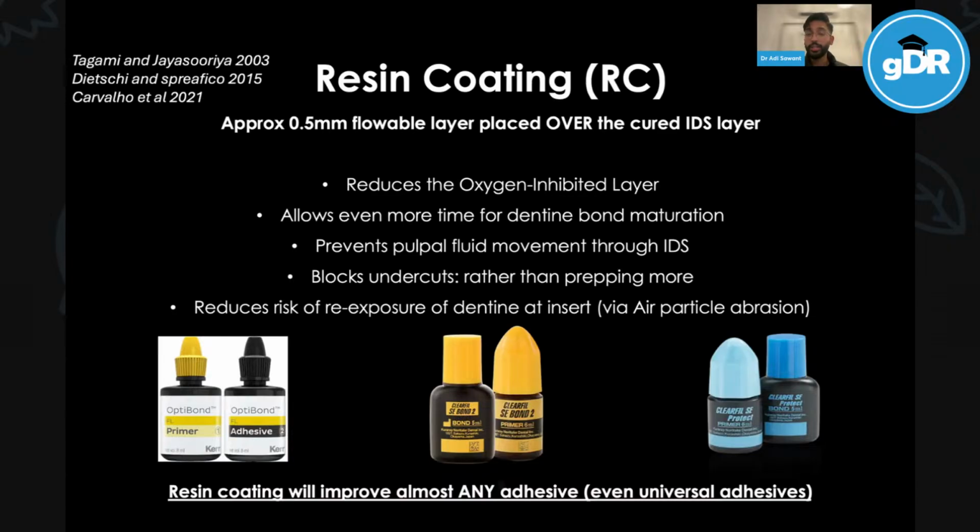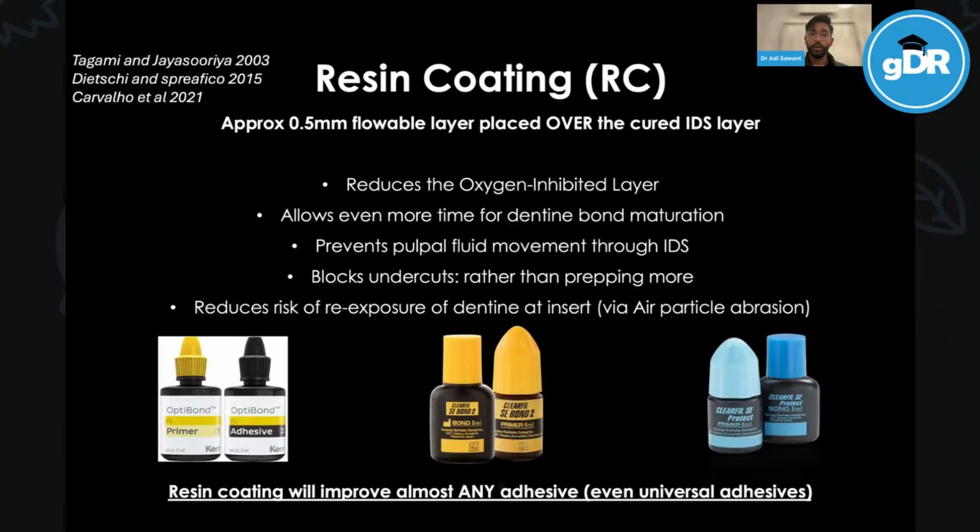These bottles are much better than a universal adhesive, much like normal shampoo is much better than 5-in-1 shampoo, conditioner, and etc. Right? Because universal adhesives just have way too many things in them. But resin coating will still improve and reinforce a lot of those extremely thin universal adhesives as well.